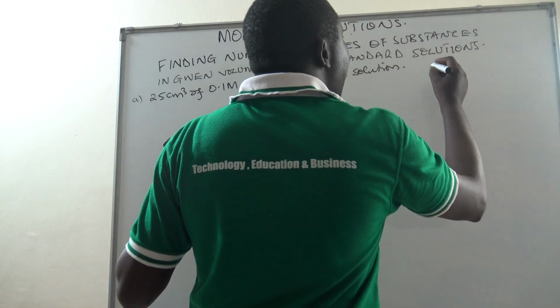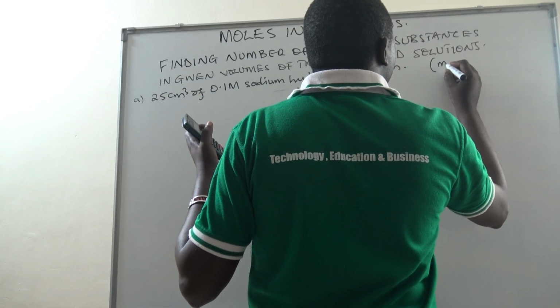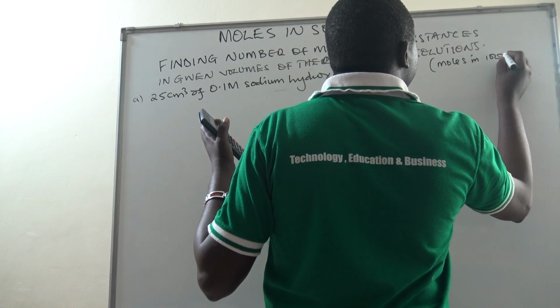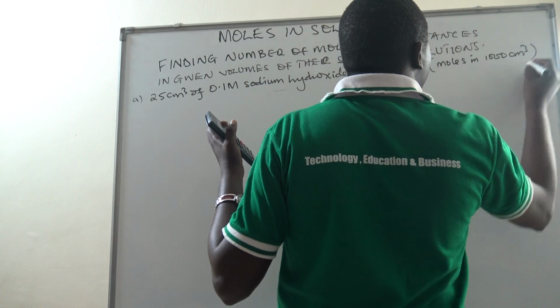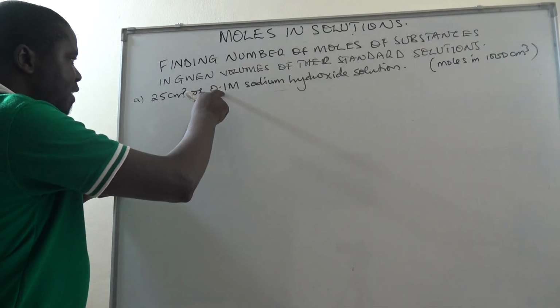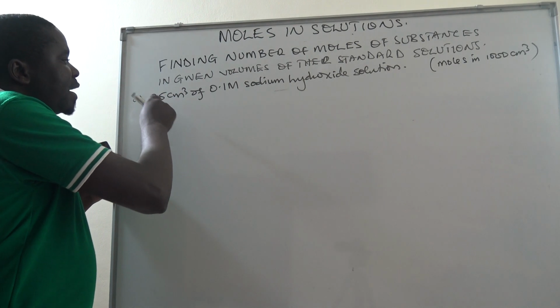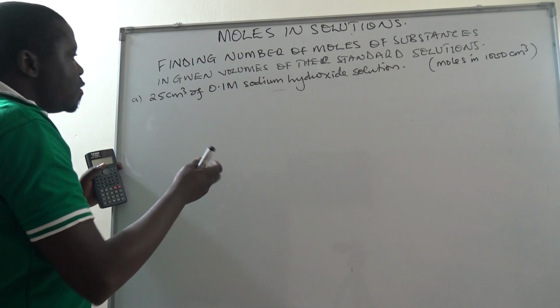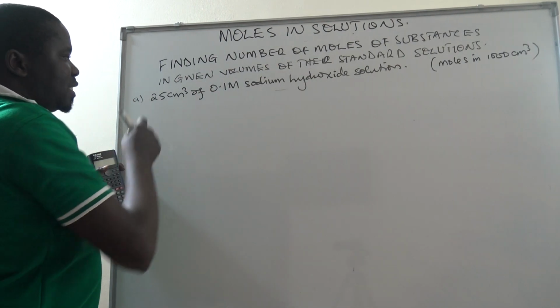To remind us always, remember that molarity is the number of moles in 1,000 cubic centimeters of the solution. So if we can remember this always, it will make us be able to get the number of moles in some volume of that solution which has been stated.